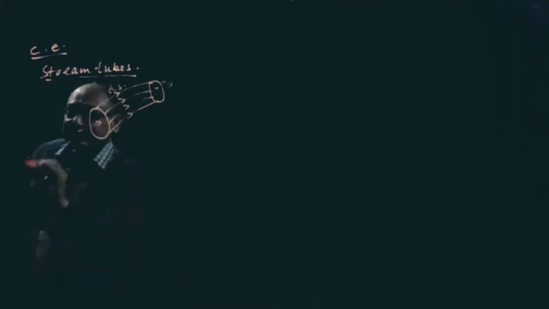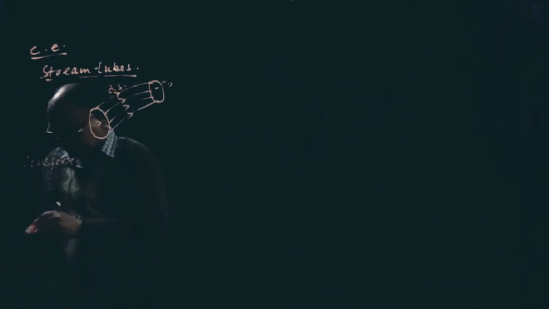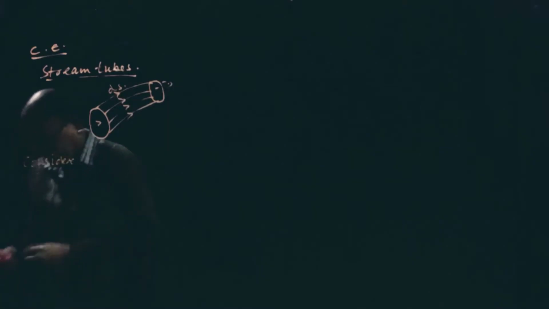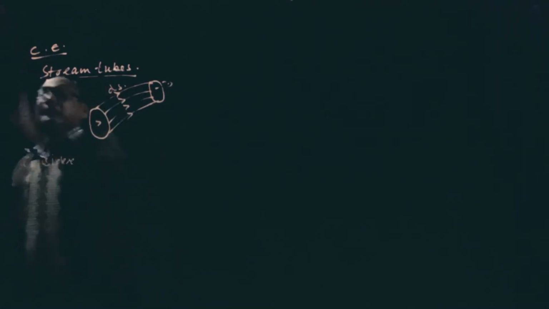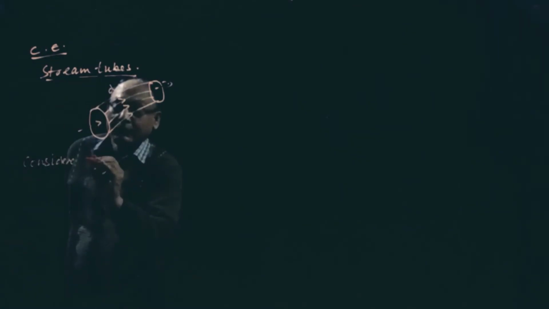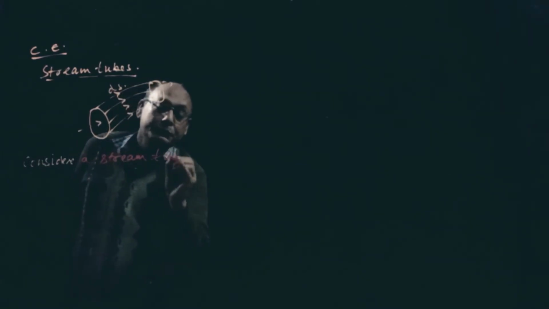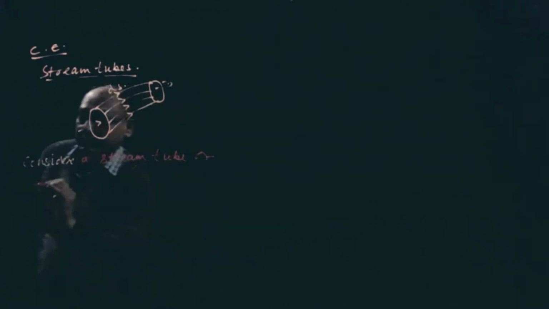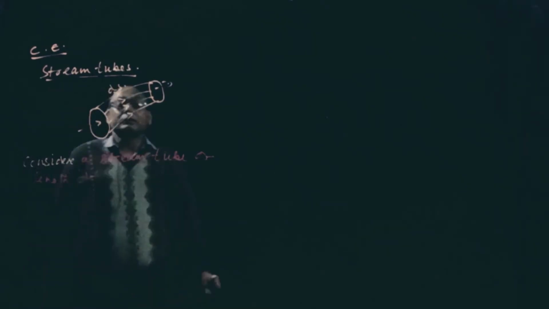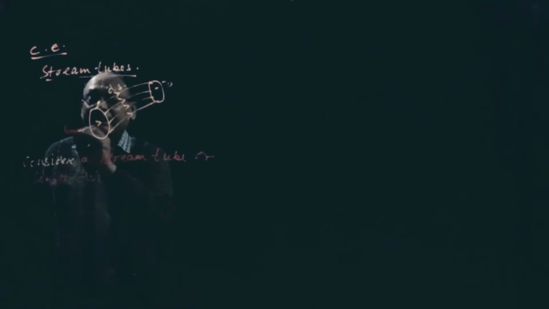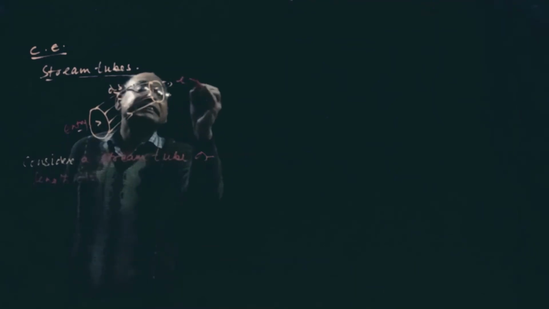So consider a stream tube of length ds. Now this is the entry, and this is the exit.